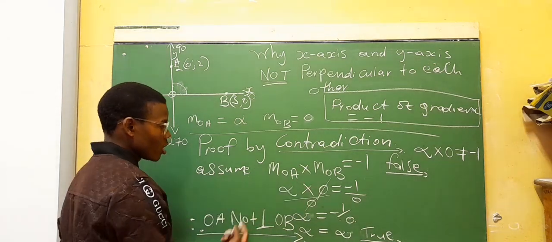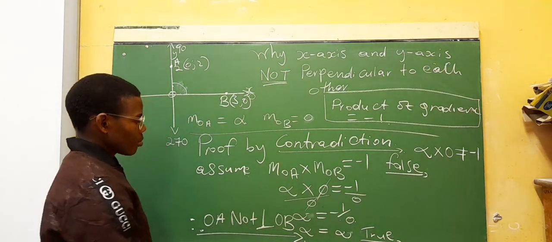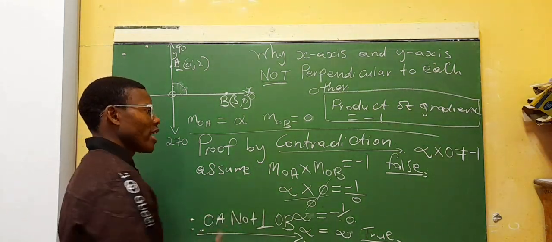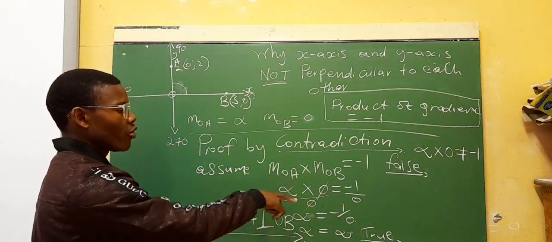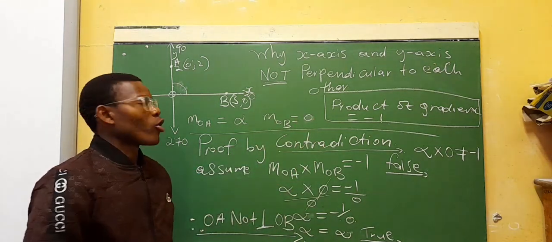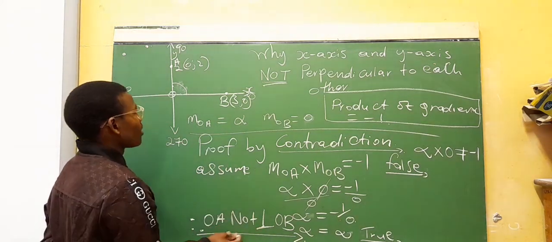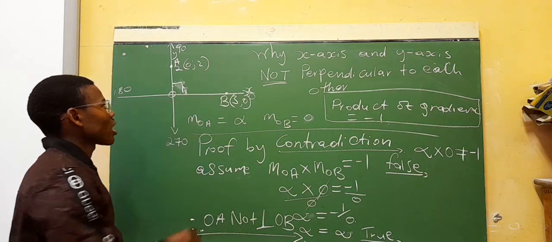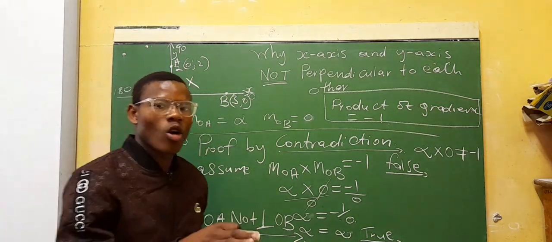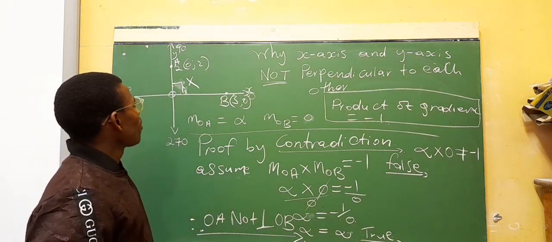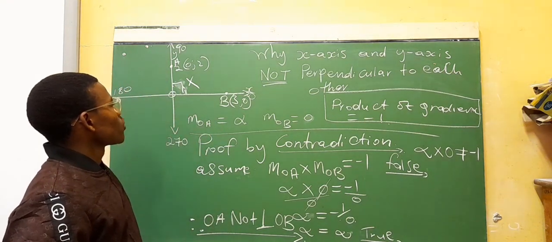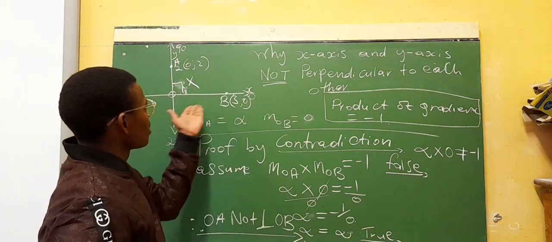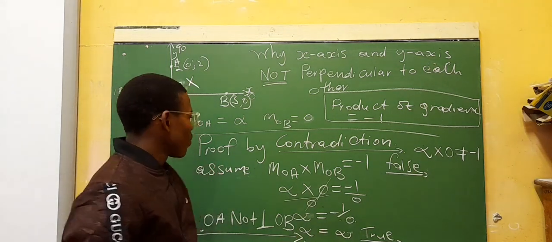That is why our conclusion should follow the opposite of the assumption, hence we are contradicting the assumption. Now, after that, I can say these lines are not perpendicular to each other at all. You can use any way to prove your assumptions as well. Otherwise, this is the way I understand that the x-axis and y-axis are never perpendicular to each other.